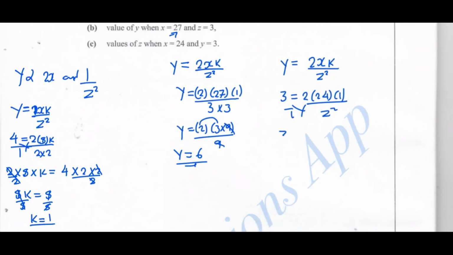So we have 3 z squared is equal to 2 times 24. Now 24 is the same as 8 times 3. So if we divide by 3, we divide by 3, the 3s will cancel, giving us 2 times 8, which will give us 16. Then we take the square root on both sides. So z is equal to plus or minus 4.